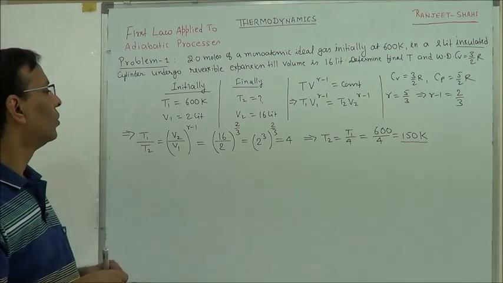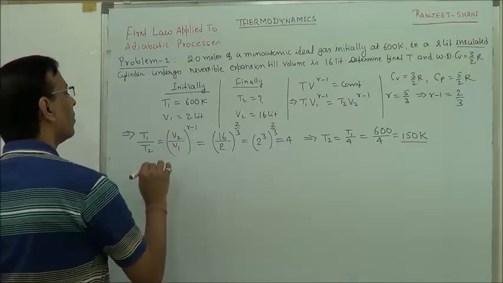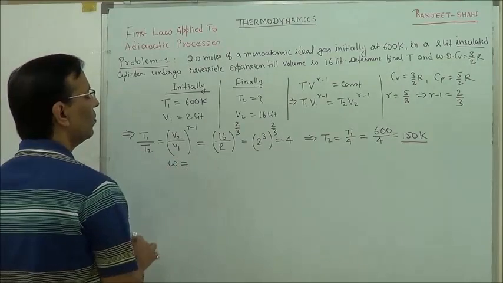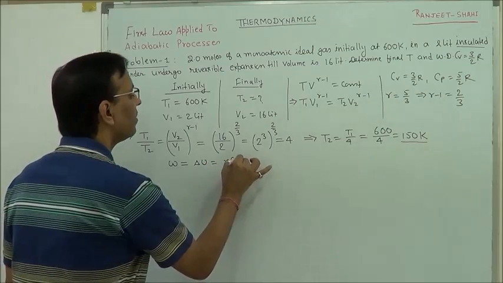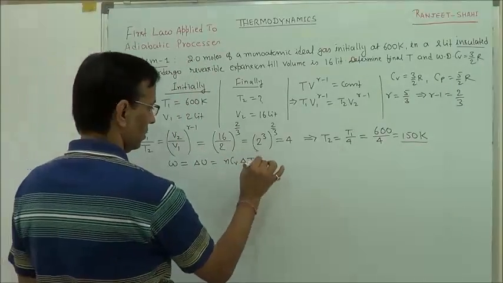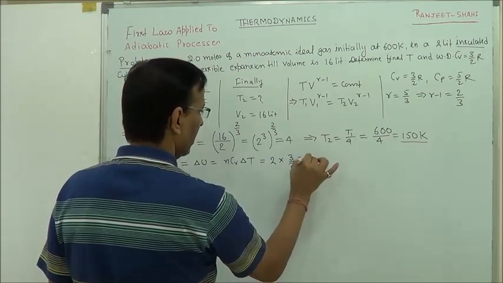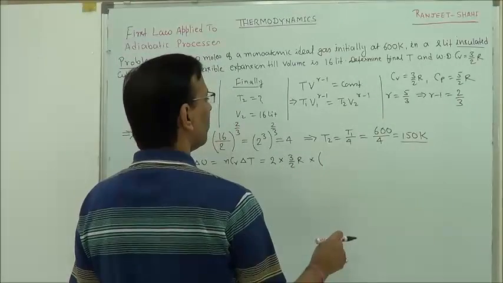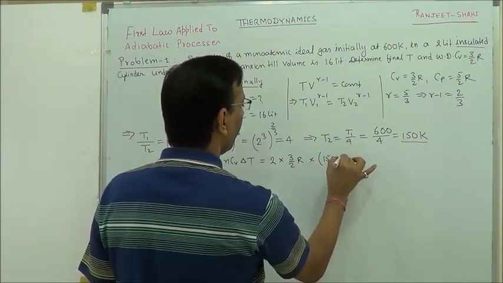Now work done. In an adiabatic process, work done will be equal to delta U, which is n Cv delta T. n is 2, so it is 2 into Cv, 3 by 2 R, into delta T. Delta T, be very careful, delta T is final minus initial, so 150 minus 600.